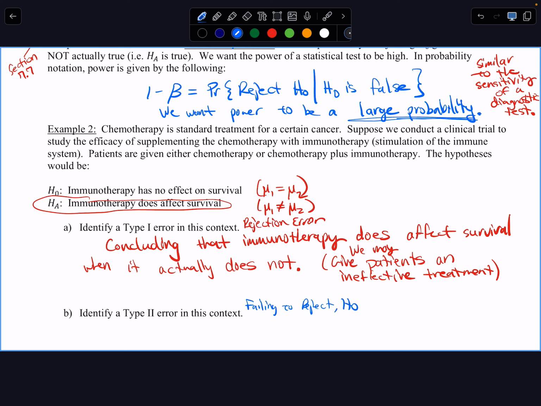Would someone like to say what they think is the type 2 error in this example?